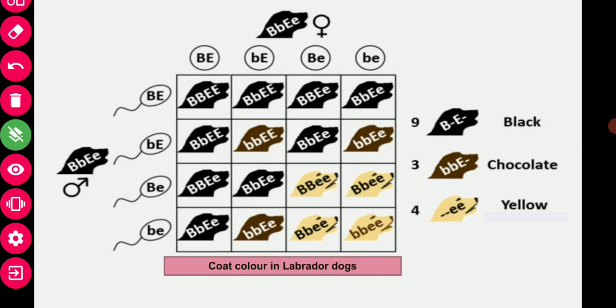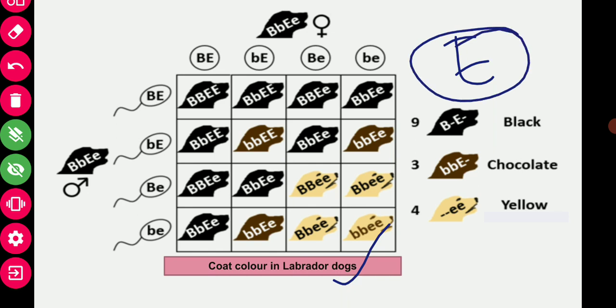The second one is dominant epistasis. Sorry, this is another example of recessive epistasis, that is coat color in Labrador. Here again you can see that capital E gene is very essential for extending the color produced by the B gene. If capital B and capital E both are present, the animal will be black in color.